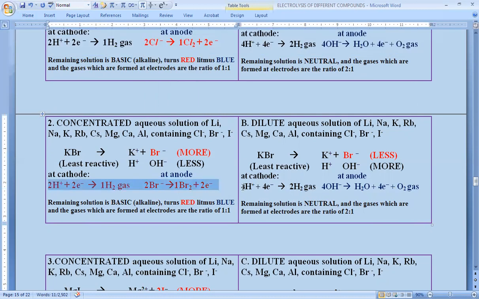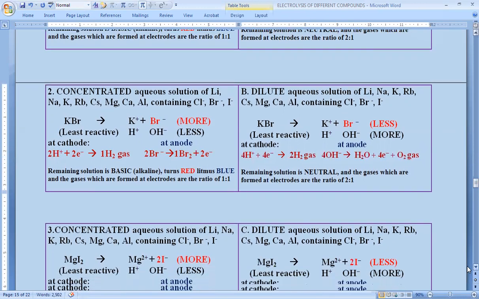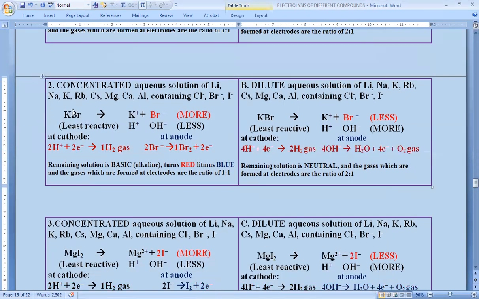Similarly, you can check the result, what happened in both the solutions. Now, when potassium bromide, or any concentrated ionic compound, is electrolyzed, the resulting solution is basic.